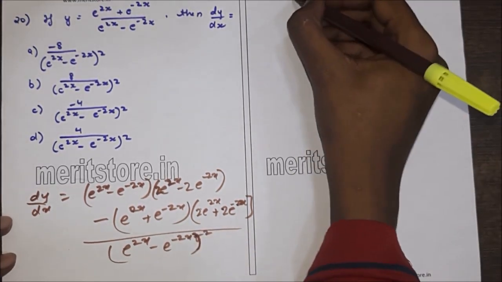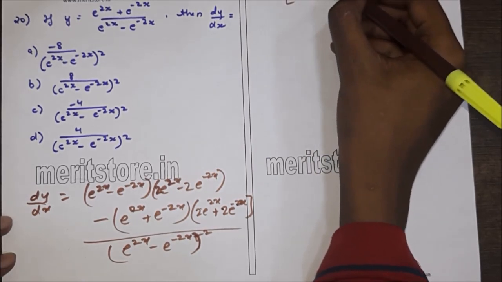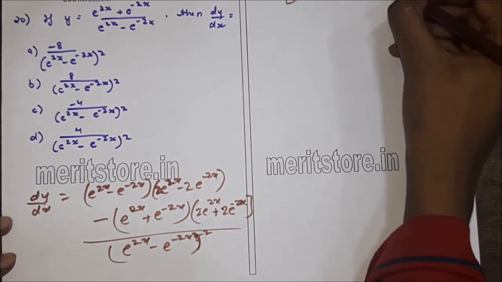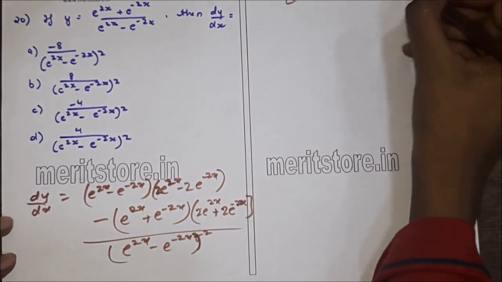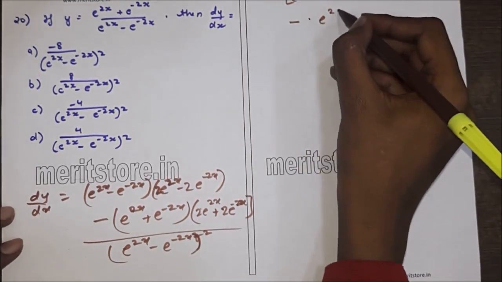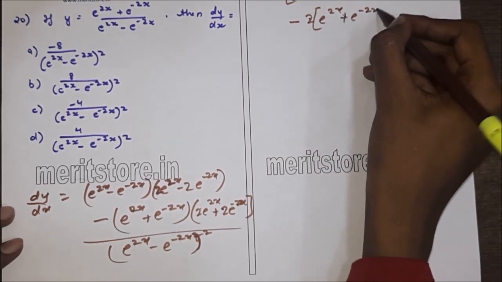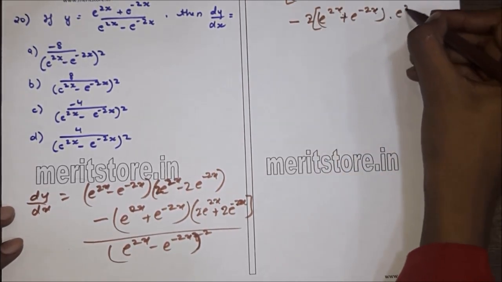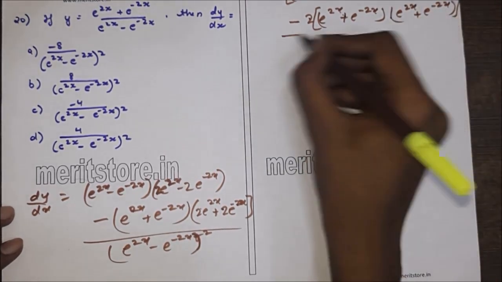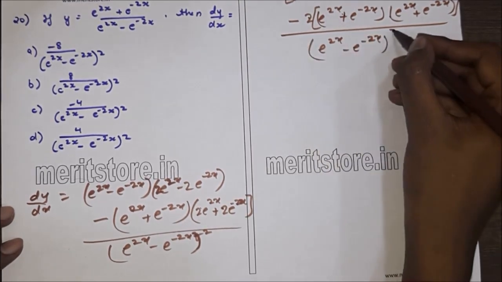That is (e raised to 2x minus e raised to minus 2x) into (e raised to 2x minus e raised to minus 2x), minus (e raised to 2x plus e raised to minus 2x) into (e raised to 2x plus e raised to minus 2x), divided by (e raised to 2x minus e raised to minus 2x) the whole square.